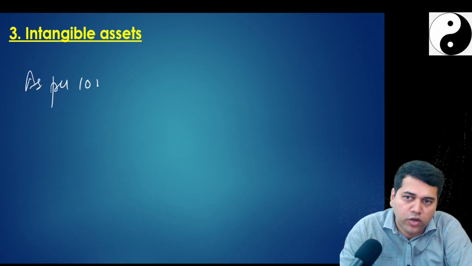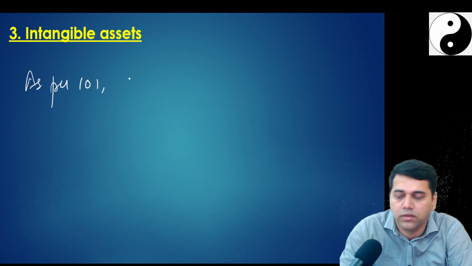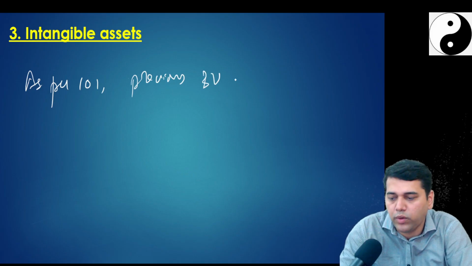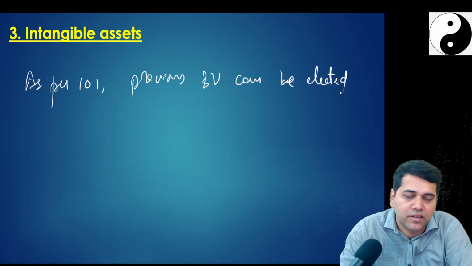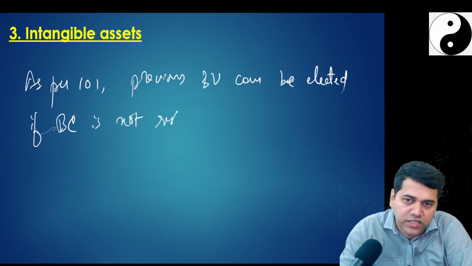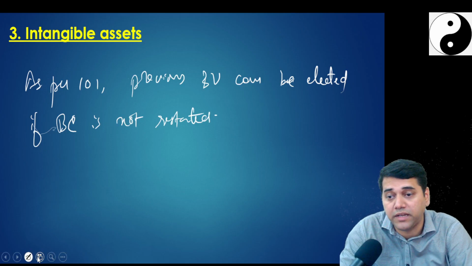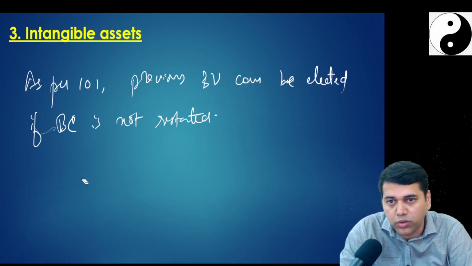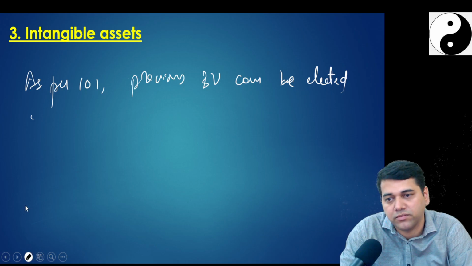As per Ind AS 101, previous book value can be elected if business combination is not restated. Oh, sorry, I am writing about this. As per Ind AS 101, previous book value can be elected as a deemed cost.